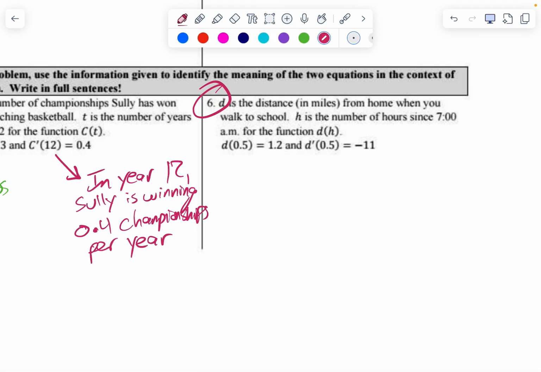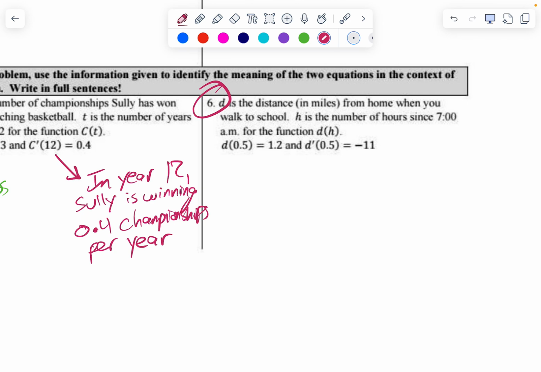Yep. D is the distance from home when you walk to school. H is the number of hours since 7 a.m. Okay. So what's your question? With the negative 11, what kind of context should we use?